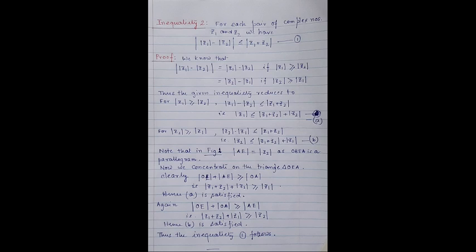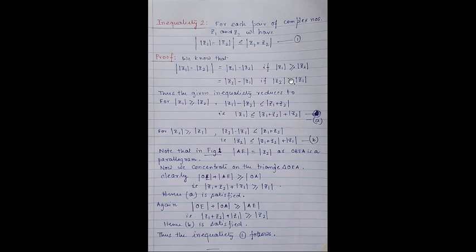So this modulus is mod Z1 minus mod Z2 if mod Z1 is greater than or equal to mod Z2, and it is reversed, mod Z2 minus mod Z1, if mod Z2 is greater than mod Z1. That's the usual real number modulus formula.